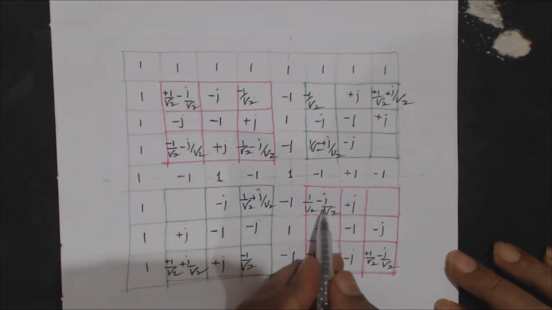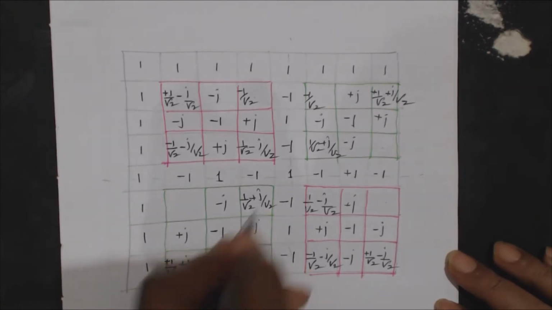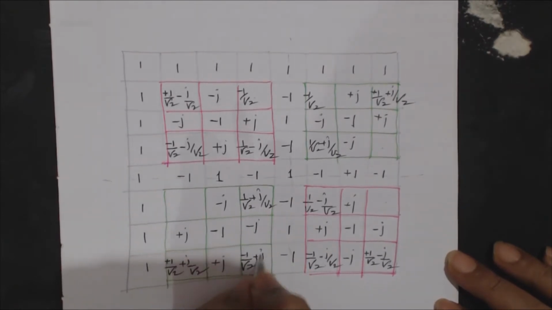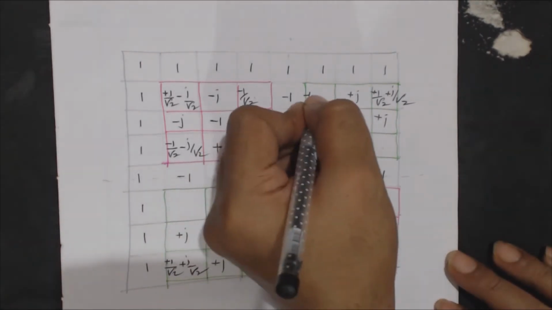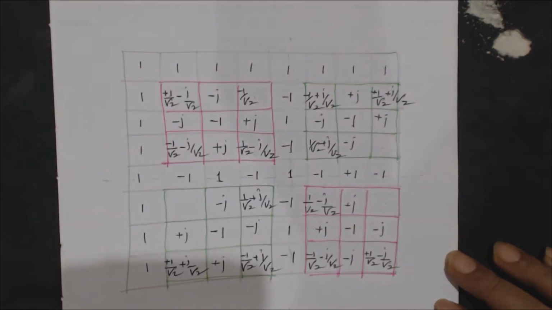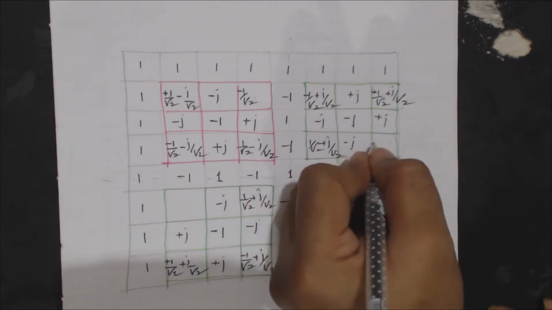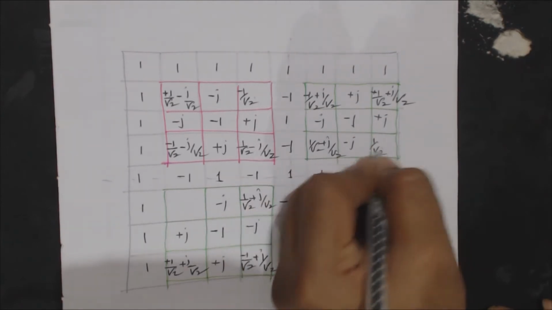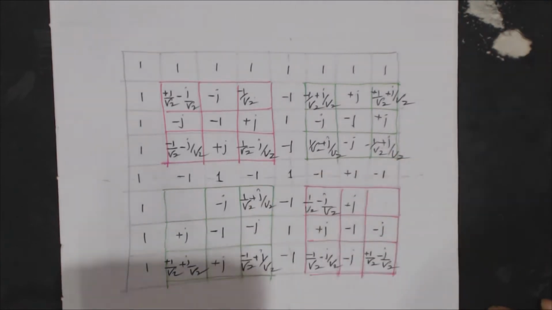Look at here, this is negative j by root 2, so this is also negative j by root 2. This one is positive j by root 2, so this is also positive j by root 2. This is positive j by root 2, so this is positive j by root 2. This is positive j by root 2, so this is also 1 by root 2 minus 1 by root 2 plus j by root 2.